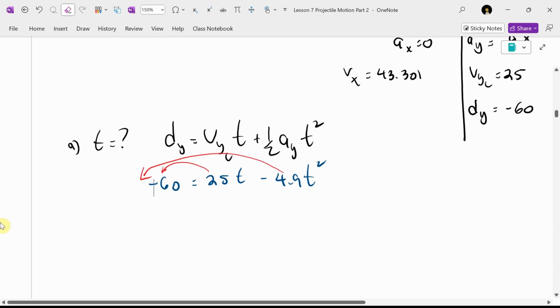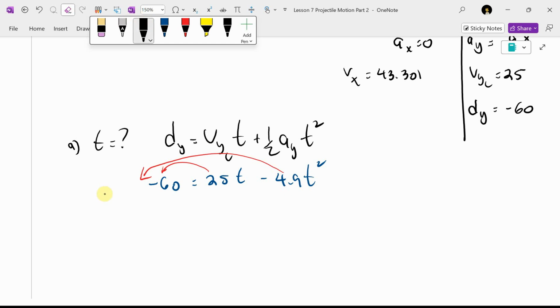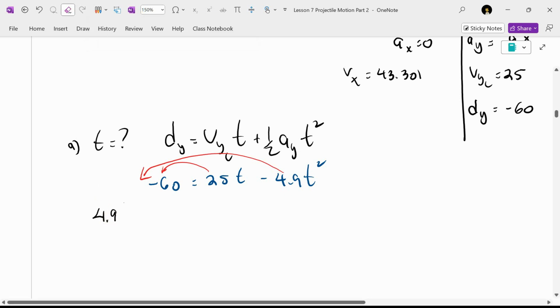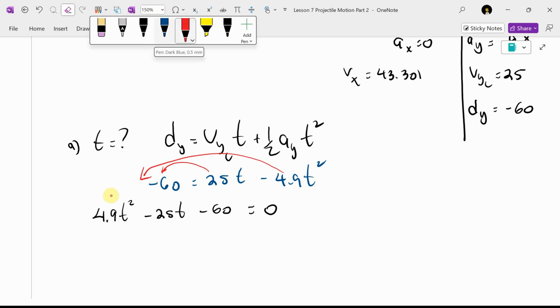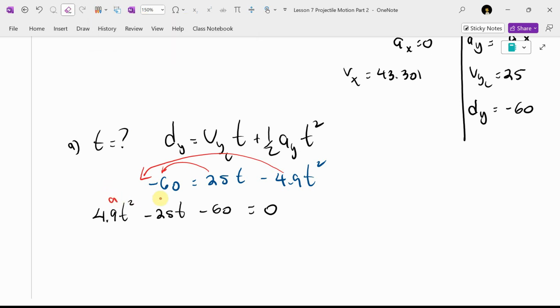When I do that, Evan, I get positive 4.9t squared, take away 25t, and then the negative 60 stayed on the left, so it drops down like a domino. Bishop, what's A? B? No. C?